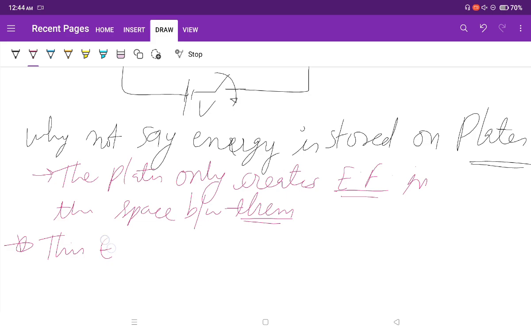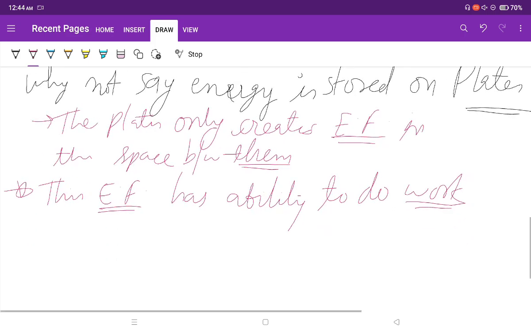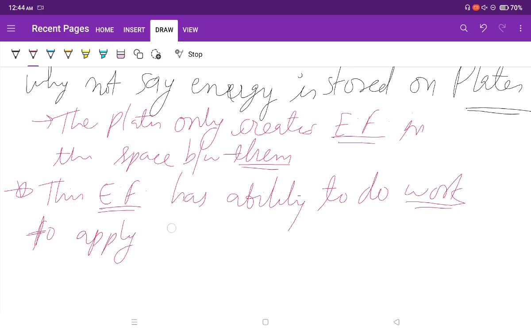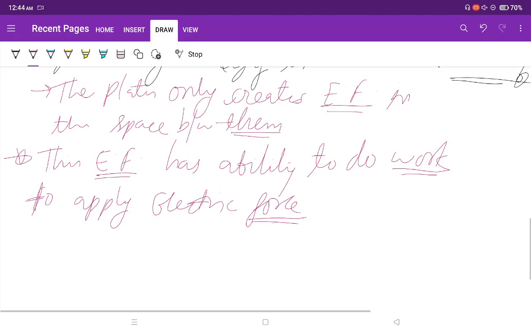This electric field has the ability to do work, or we can say to apply electric force if some charges appear or emerge.